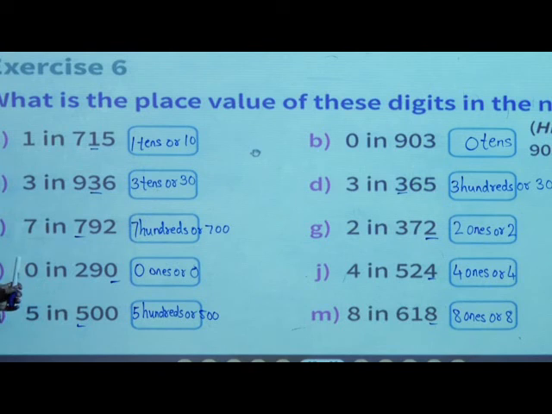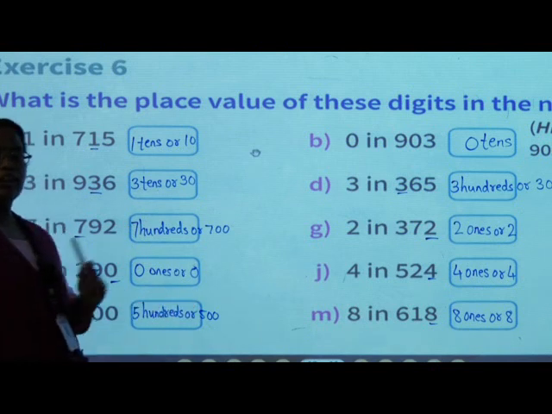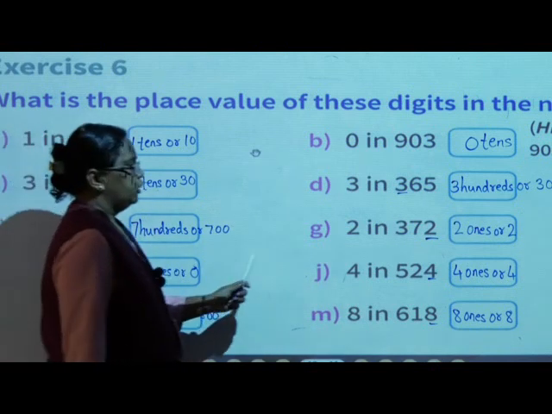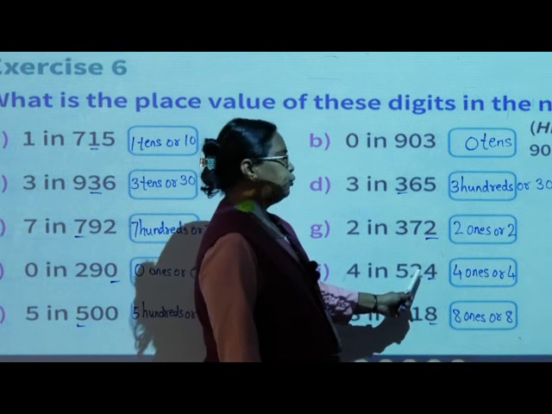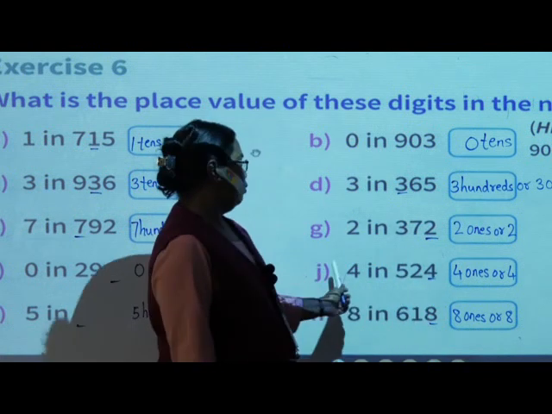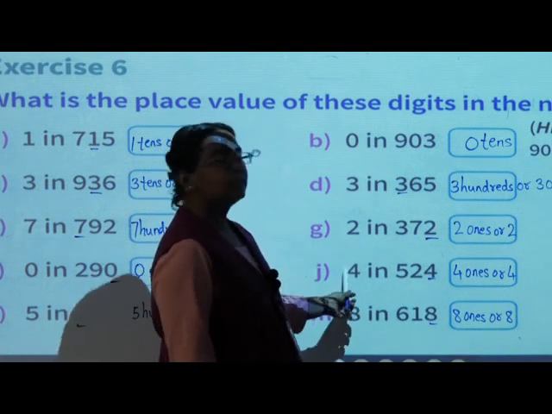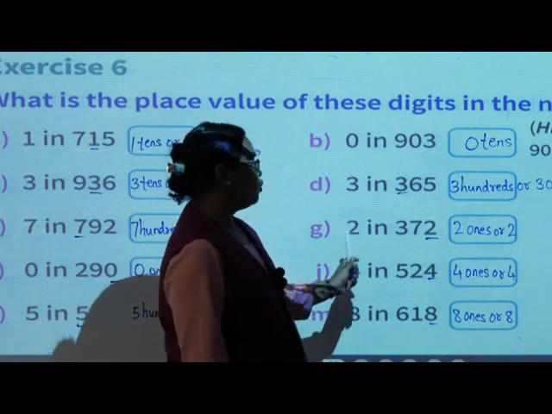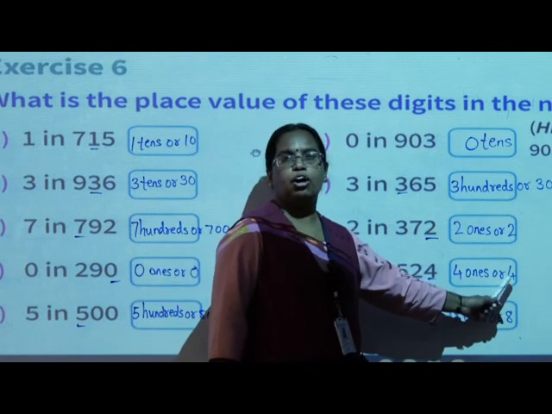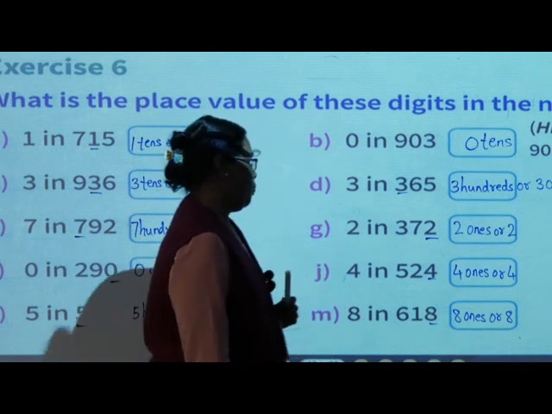Then 0 is in ones place. So 0 ones or 0. Then 4 in 524. Then 4 is in which place? Ones place. So 4 ones or 4.